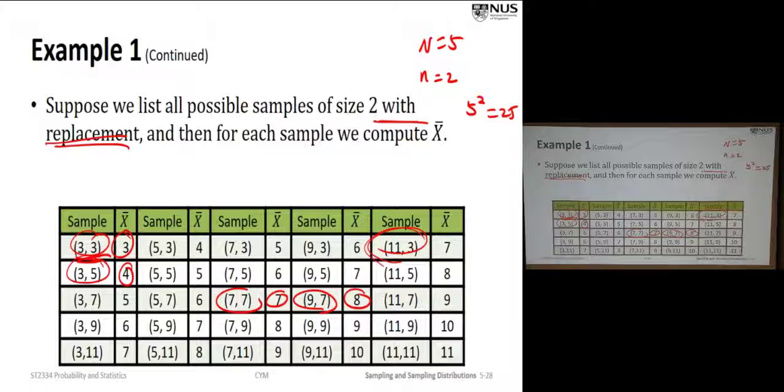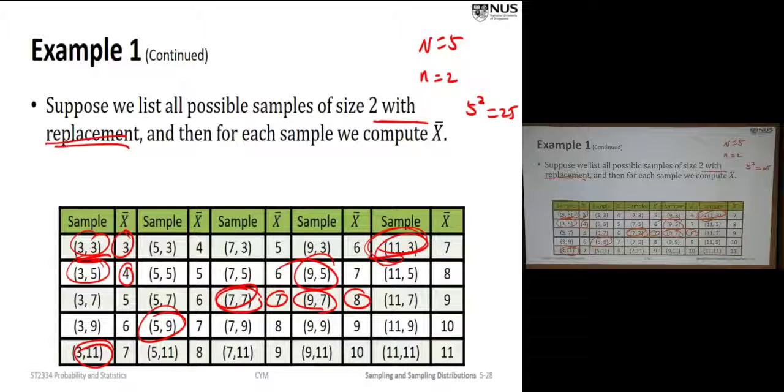X bar equal to 7 means that you may have this sample, this sample, this sample, and this sample. So there are 5 out of 25 possible samples that give you a sample mean equal to 7.